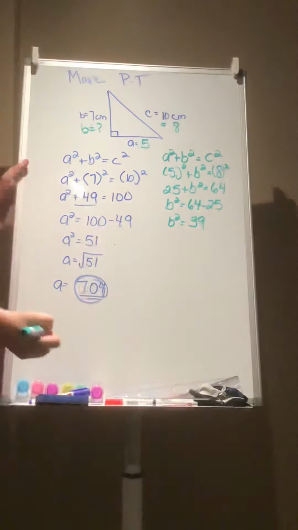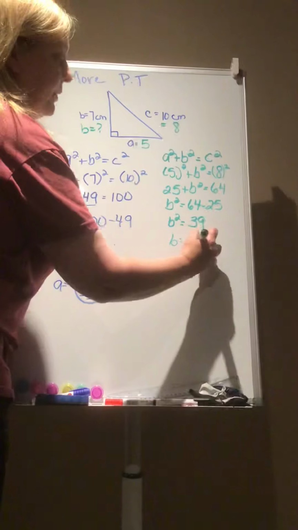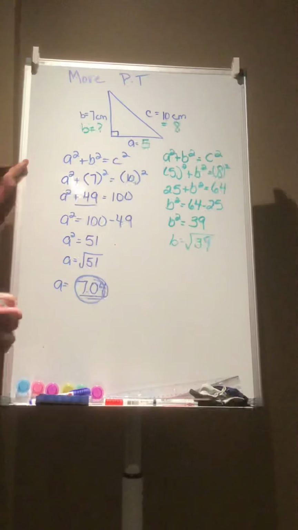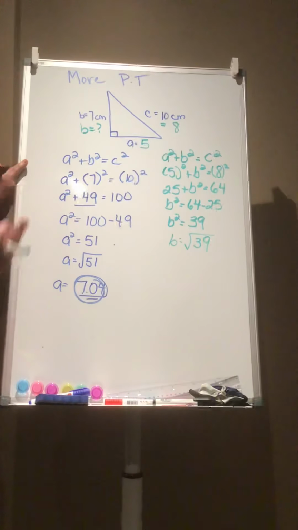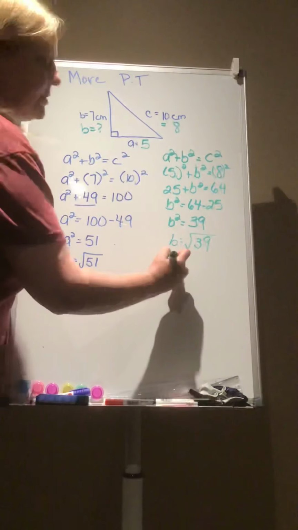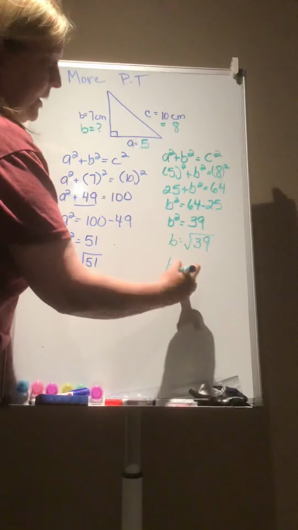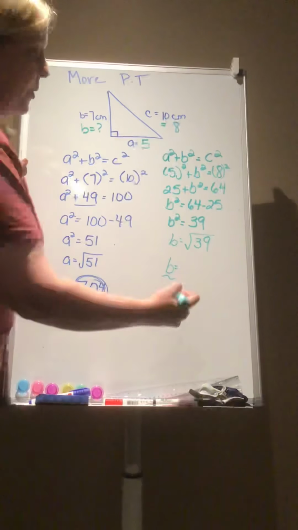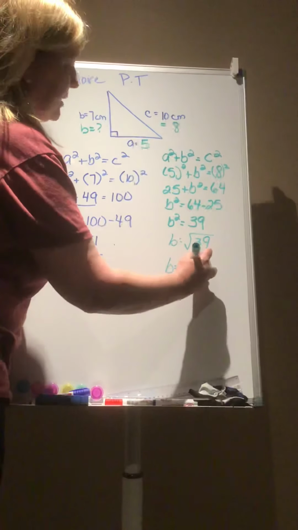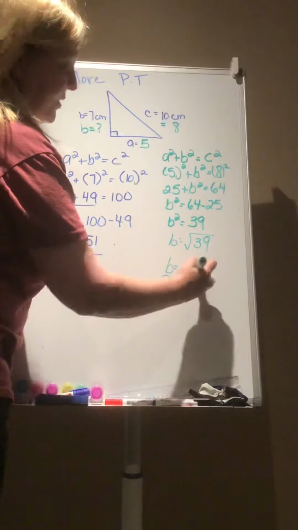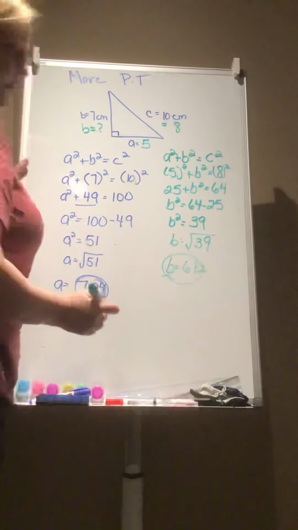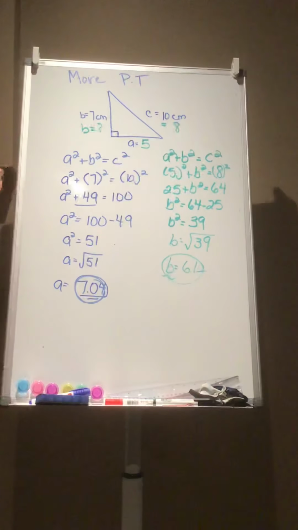And now to get b on its own, again, I just do the square root of that number. The square root of 39, well, 6 is 36 and 7 is 49. So again, my estimate, and you'll use a calculator so it won't be an estimate, will be like 6.1 something. Again, this is just an estimate because I'm doing it in my head.